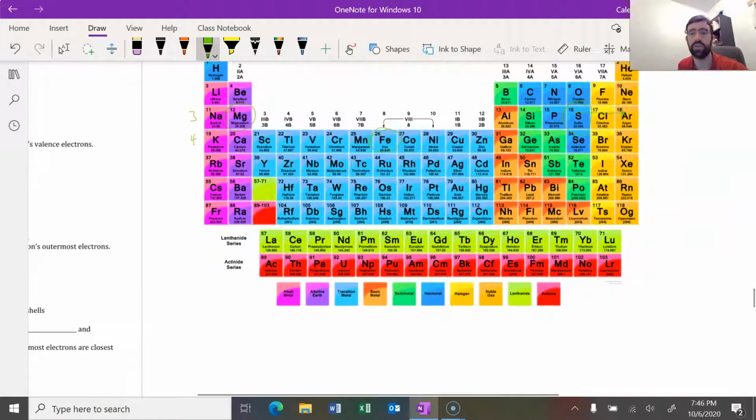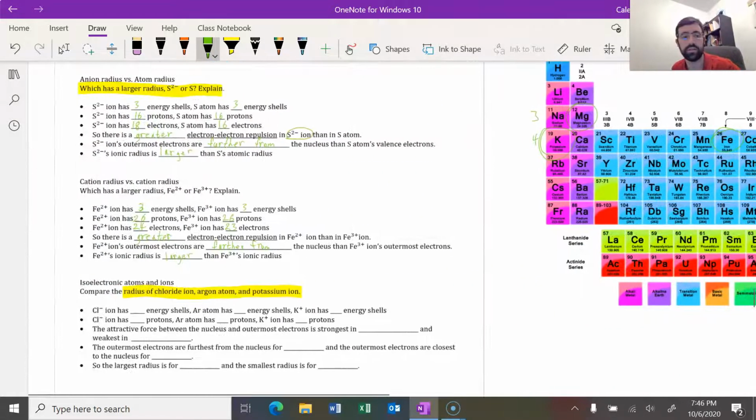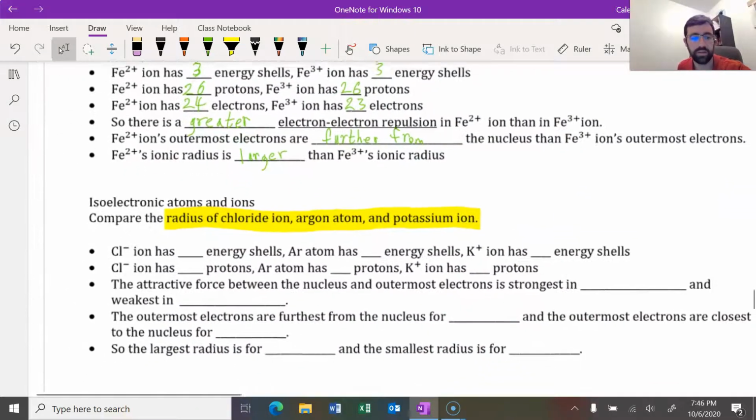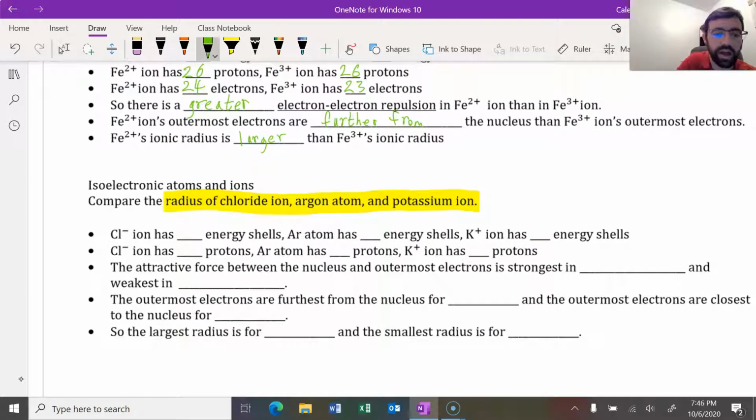Chloride is in the 3rd energy level, argon is in the 3rd energy level, and then the potassium ion, remember, we're losing 1 electron, so it's also going to be 3rd energy level. So they all have 3 energy shells or 3 energy levels.